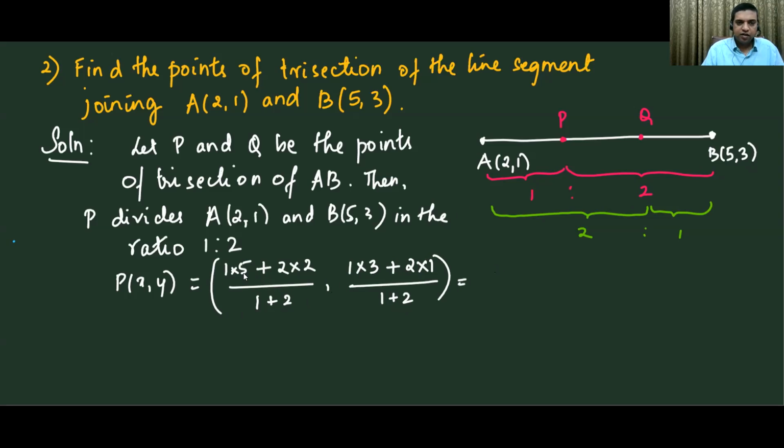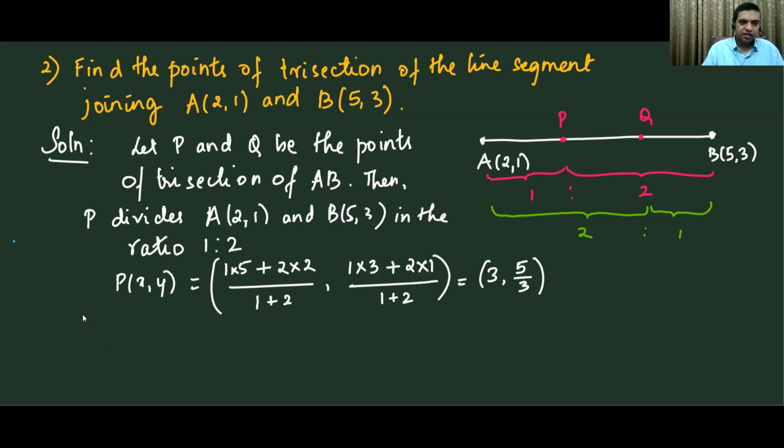So what do you get? 5 plus 4, 9 by 3 is 3. Then 3 plus 2, 5 by 3. This is 1 point.